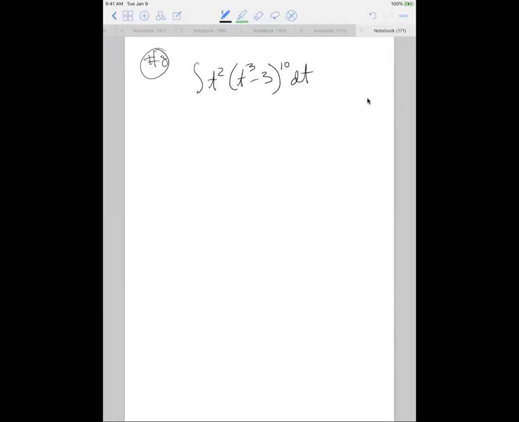So I've got x to the 4th minus 3, and that is to the 5th power. y equals that puppy right there.